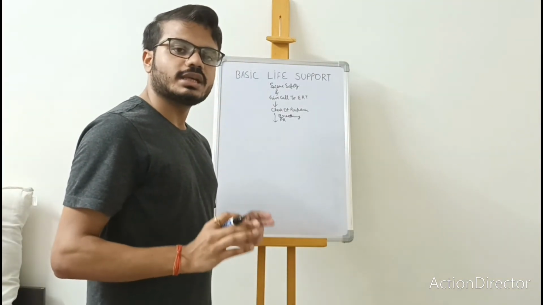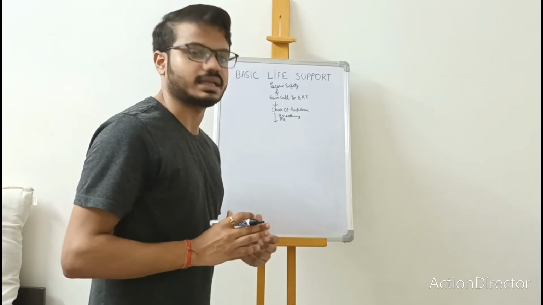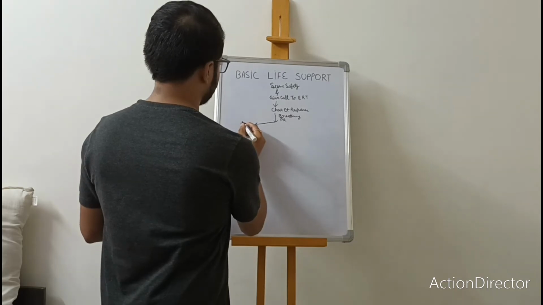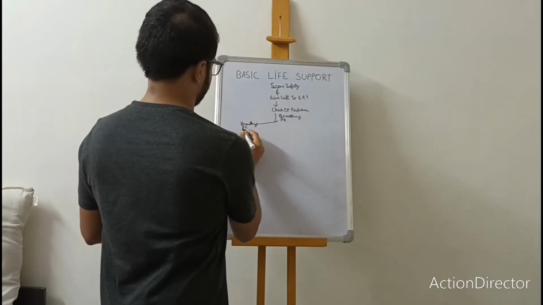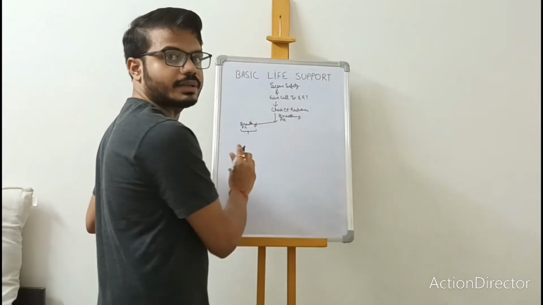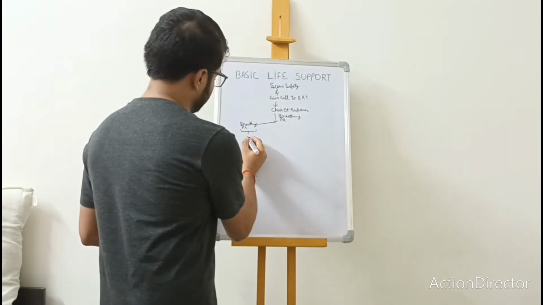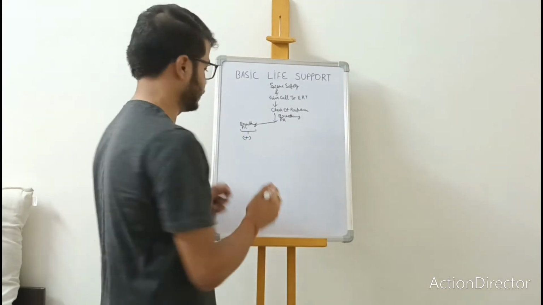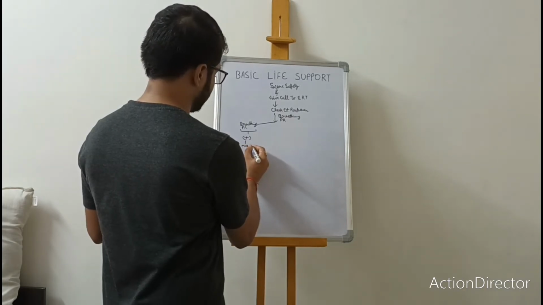Now, you may have three scenarios. So let's begin with the three scenarios. If breathing and pulse rate both are present, then you just need to monitor until the emergency response team arrives.